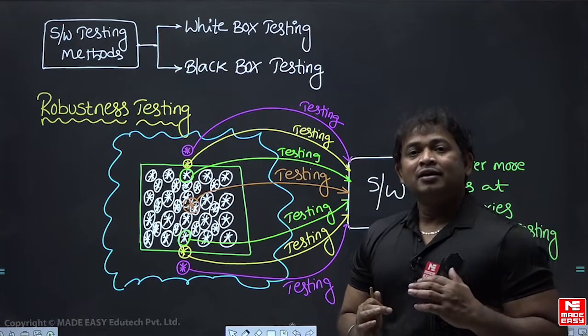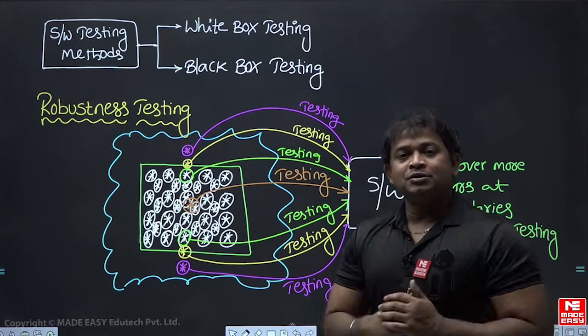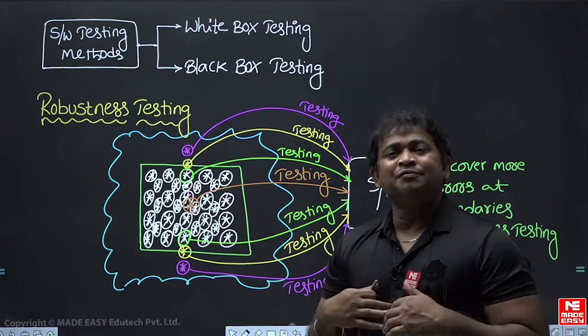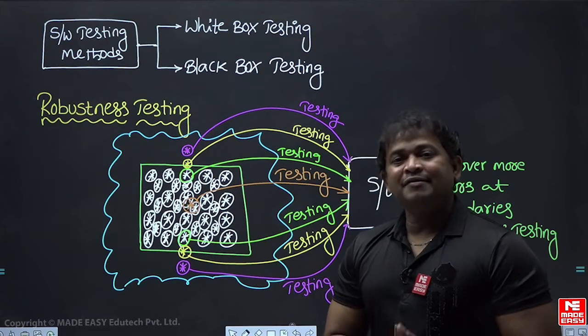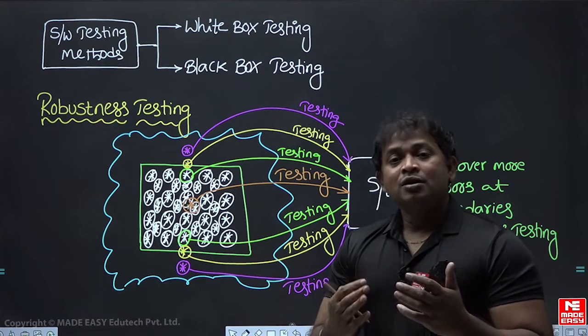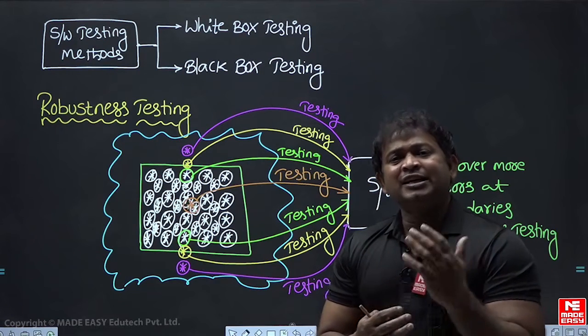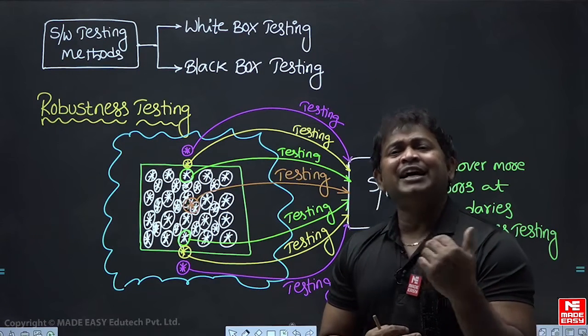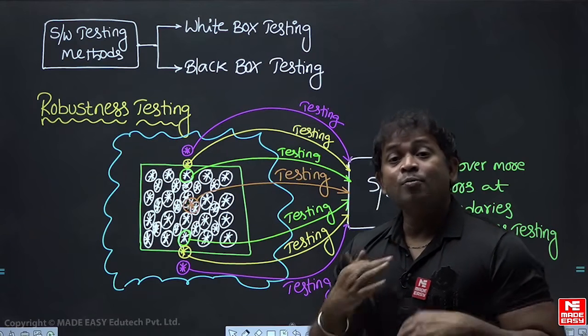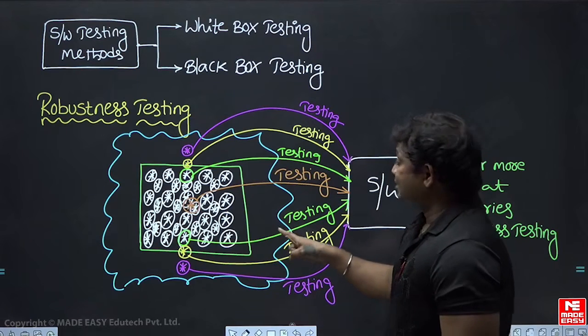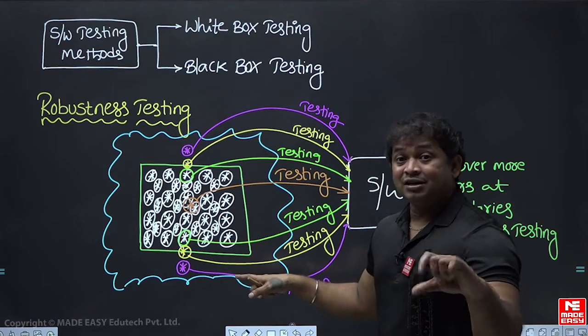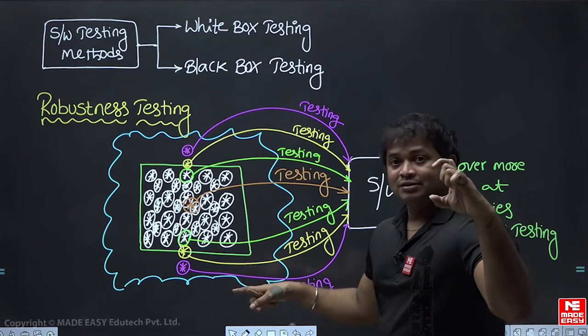When you have n inputs, there is no need to test the system with n inputs. No need to conduct n test cases. Then how many test cases are required? The answer is that robustness testing concentrates only on the boundaries.